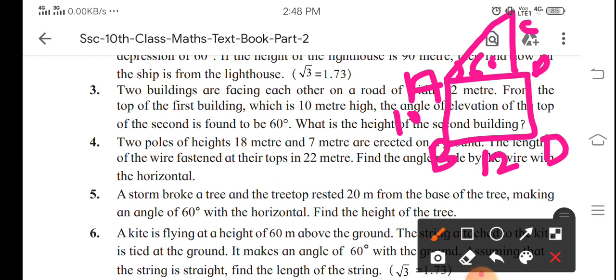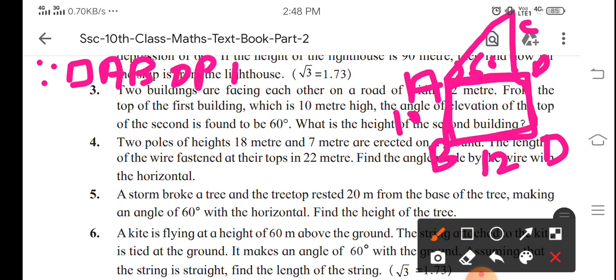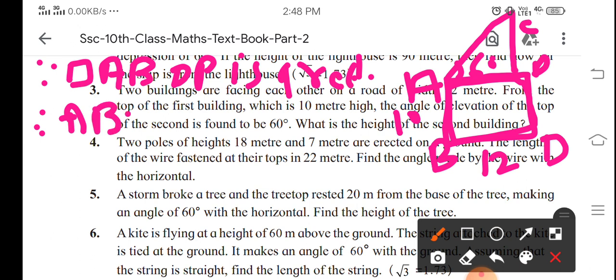Can you see, this is a rectangle. So just write over there, since quadrilateral ABDP is a rectangle, therefore AB is equal to PD, which is equal to 10 meters they have given.